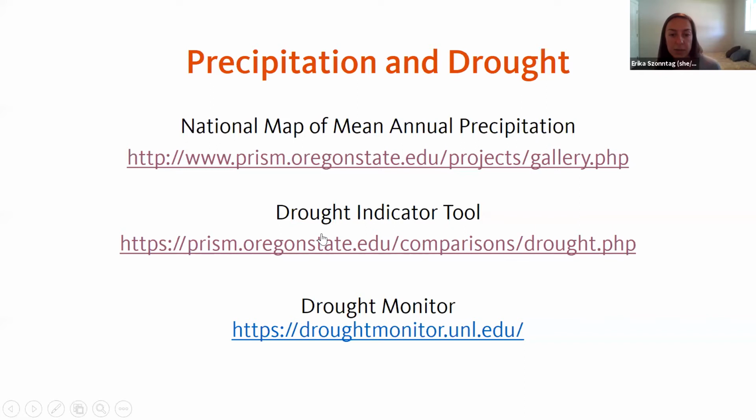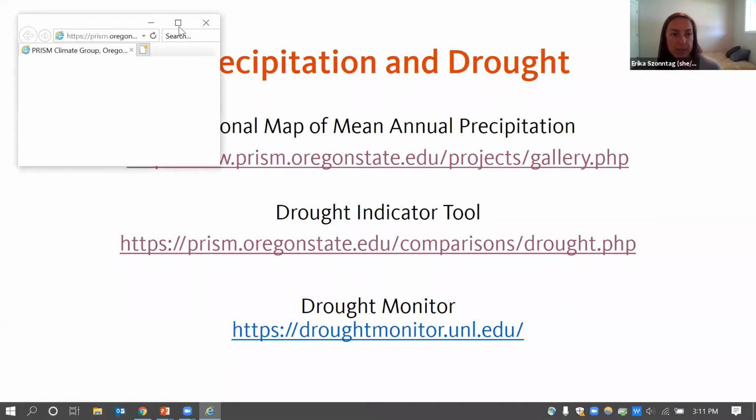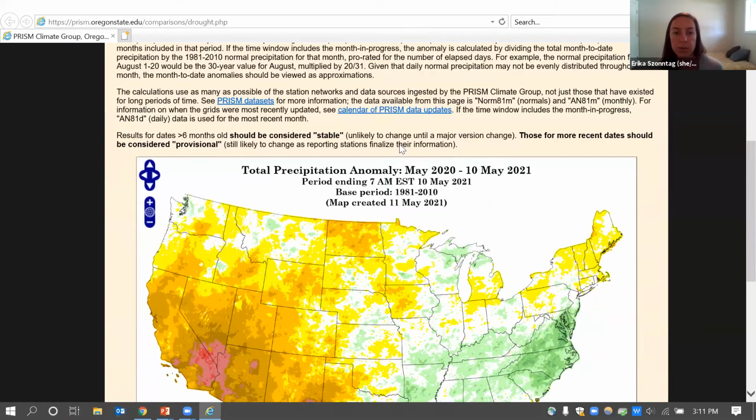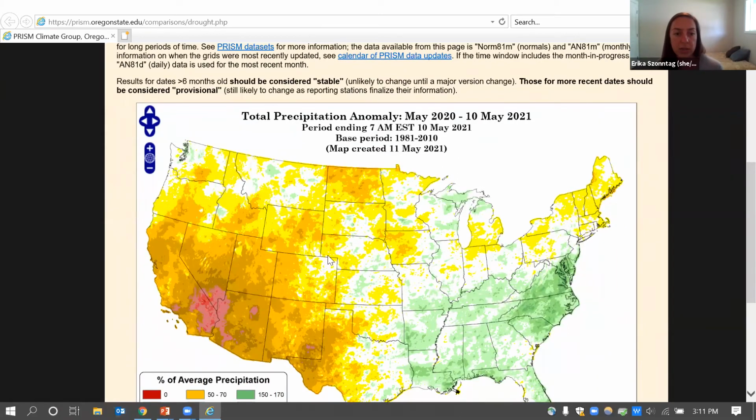And then there are these two drought indicator tools. And this first one is also from the PRISM Climate Group at Oregon State. And this is really great because you can see how much total precipitation of average you're receiving for a certain time period. So for example, this map right now is showing for the last year.